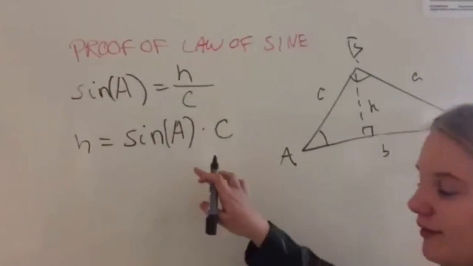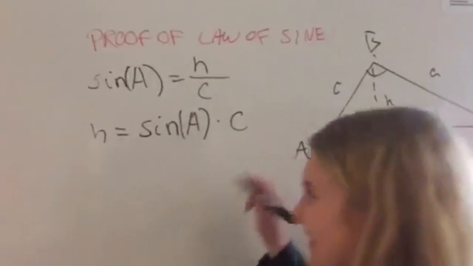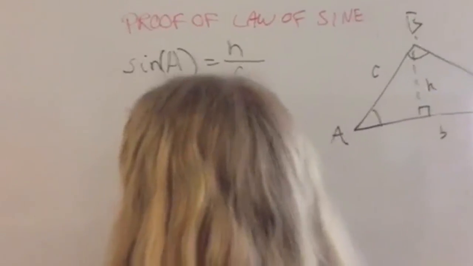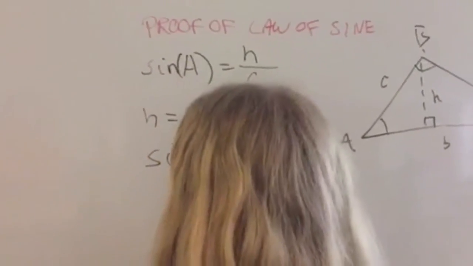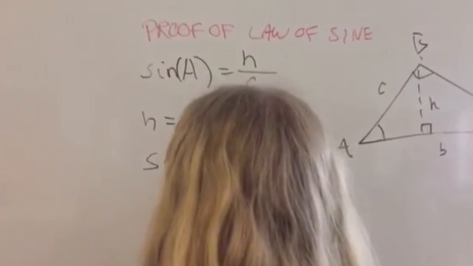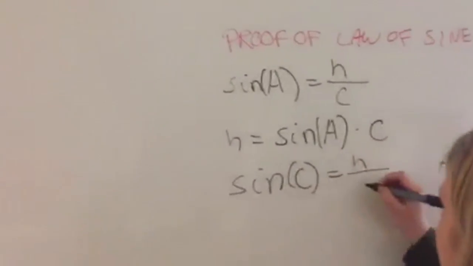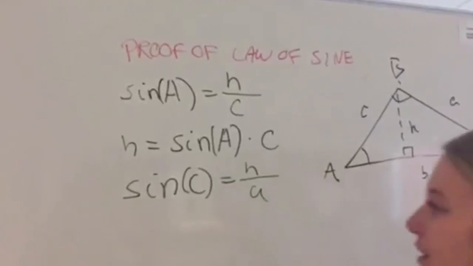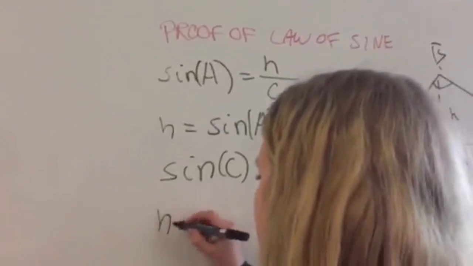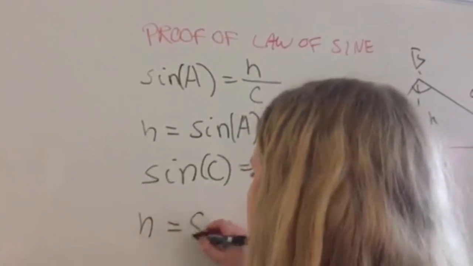Now we have sine C, which is equal to h divided by a, which is the same as writing h equals sine C times a.